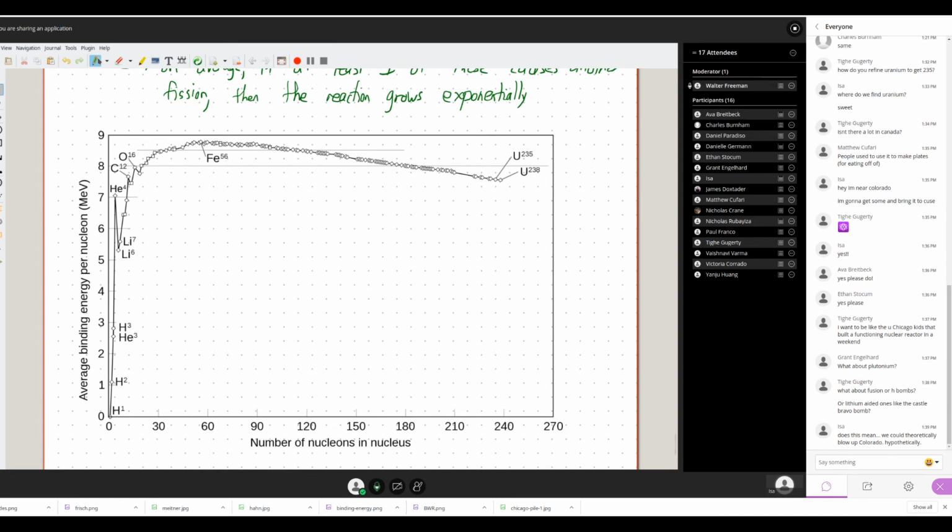This is a graph of the inverse of potential energy versus the nucleus size. Going this way is fission. This requires special fissile nuclei like uranium-235 that are rare, but going this way is fusion.